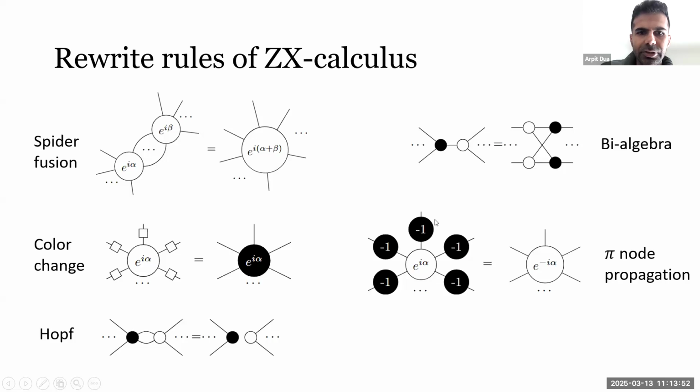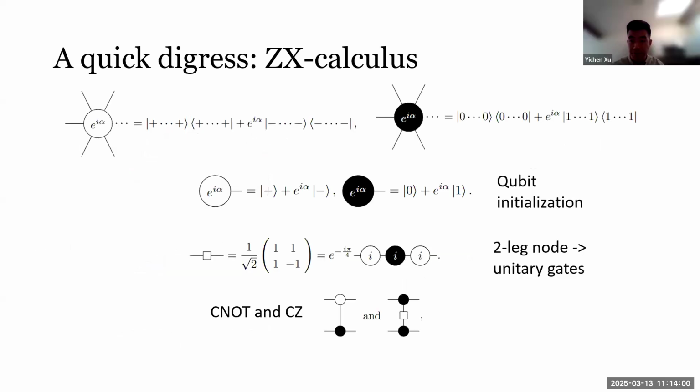Using the color change rule, it's easy to see in the diagram that you wrote for CZ on the previous slide, just for the audience, if you take this Hadamard and pull it onto the horizontal edges, then it's obvious that from the CNOT representation we can get the CZ representation.